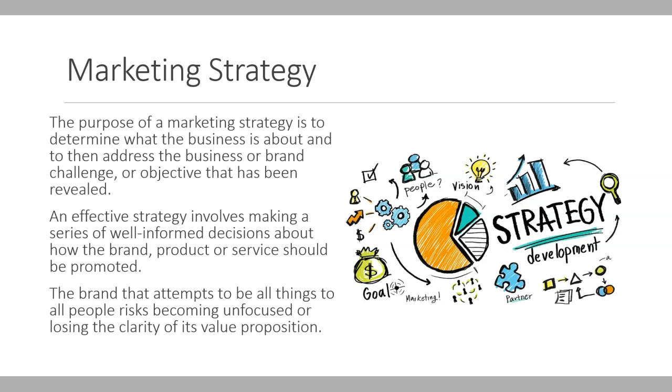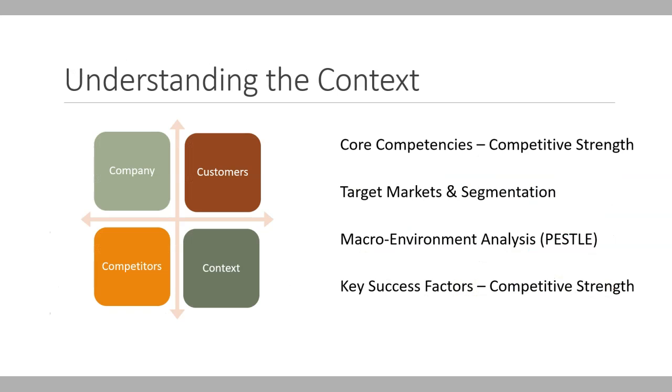So to understand the context, let's look at it from the 4 C's perspective. What are these core competencies that give competitive strength? What is it about the company? What is it about the target market that we're talking about, the consumers? And who are we competing with?